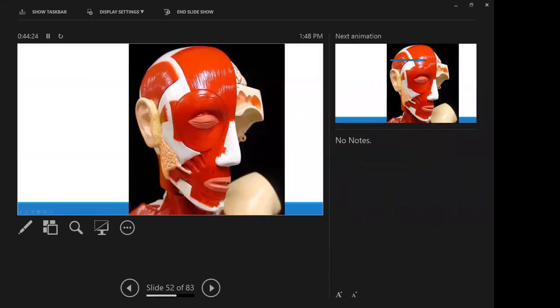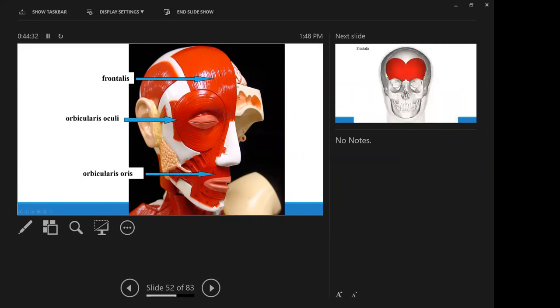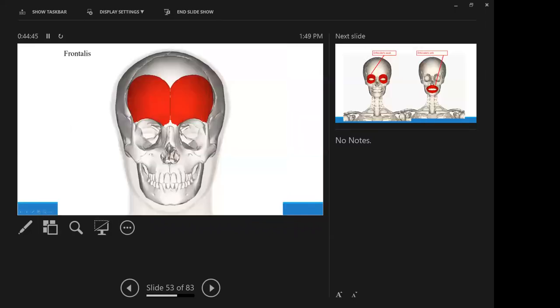So, a close up on the head. There's the frontalis right there. There's the orbicularis oculi. There's the orbicularis oris. And these are the zygomaticus muscles here. And you can just see part of the sternocleidomastoid right here underneath that. So there's the frontalis muscle.